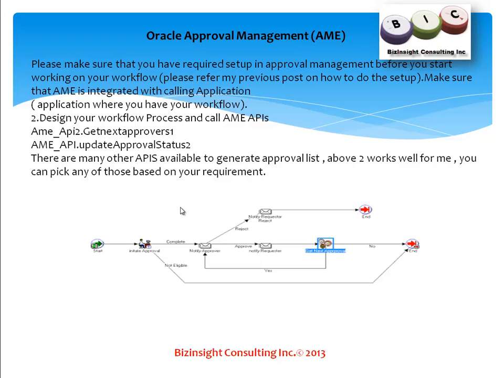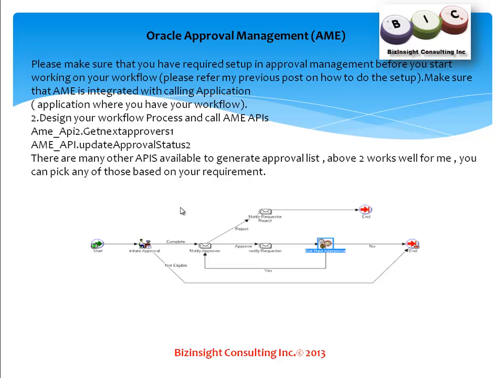To begin with, please make sure that you have the required setup in approval management before you start working on the workflow. I have a detailed three-part presentation about what the setups are, so please refer to that. Make sure that AME is integrated with the calling application.